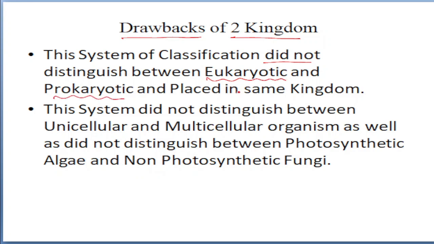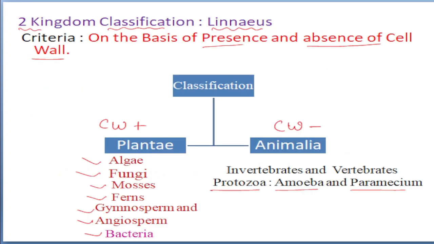If we look back into the examples, all are eukaryotes except the bacteria, which is a prokaryote. He placed both in the same kingdom, that is, kingdom Plantae. So this was the first drawback.